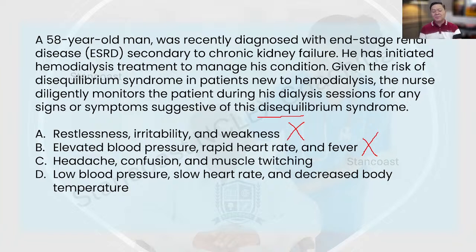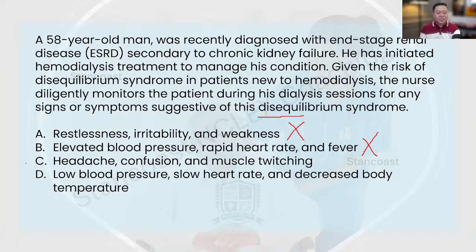So it's not limited only to new dialysis patients, but it can also happen even in chronic dialysis patients. If the dialysis nurse is rapidly removing the urea, or let's say the rate of removal is way too fast, the patient can go into this problem, disequilibrium syndrome. So we have that as our potential answer, okay?